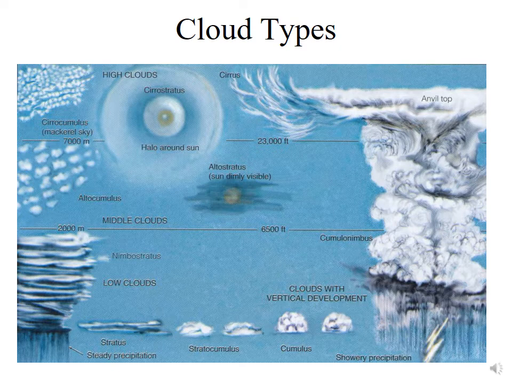And the way you can tell the difference between altostratus and cirrostratus is that cirrostratus clouds are much more transparent, and they let a lot more of the sunshine through, but they also are associated with a halo, an optical effect around the sun, which is based upon the ice crystal structure of the cirrostratus clouds.